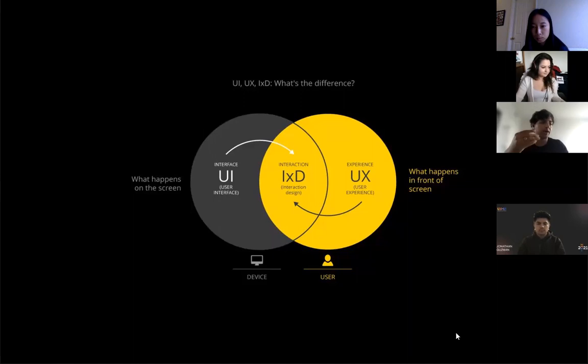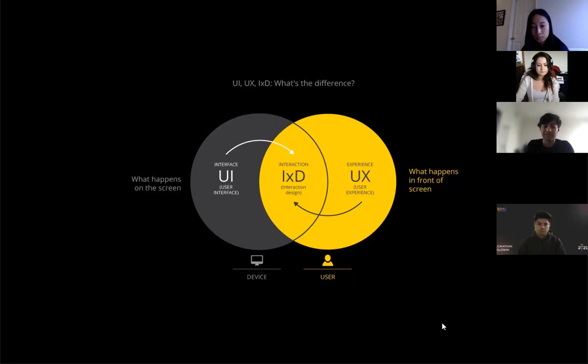That is contained within the system, and it exists regardless of the user. But the user experience predicates itself on a user being there, and it's much more on the human side of that interaction.